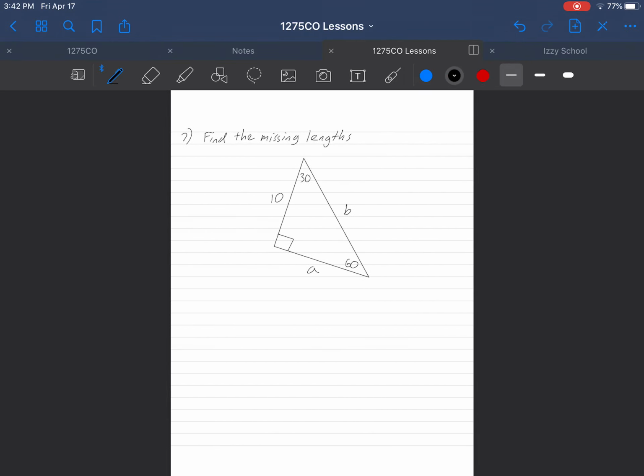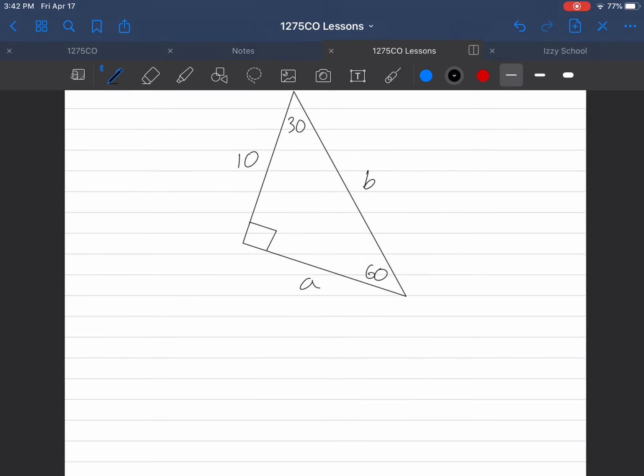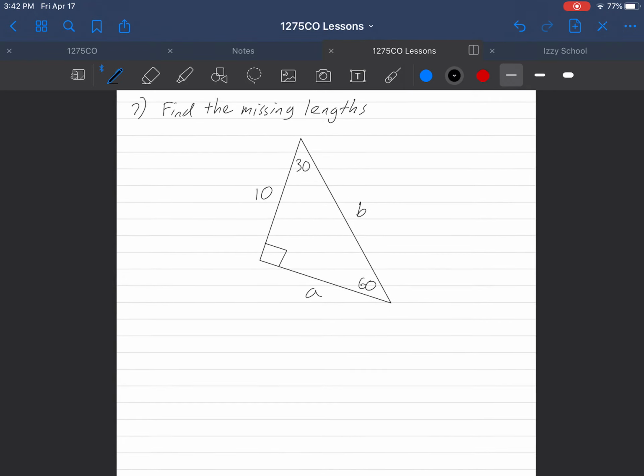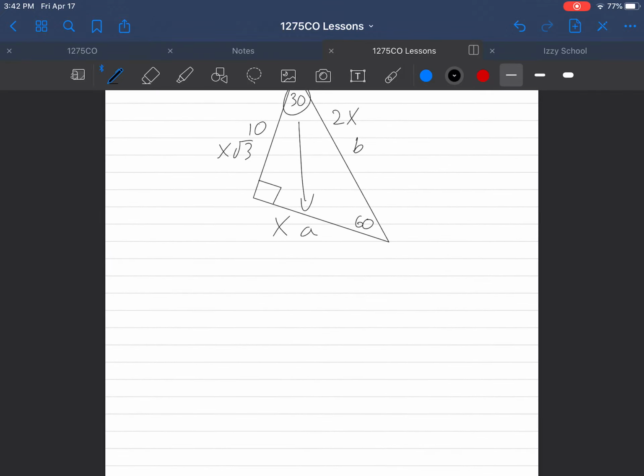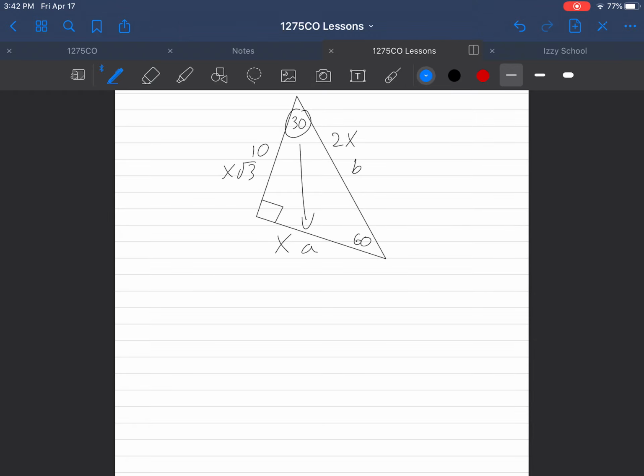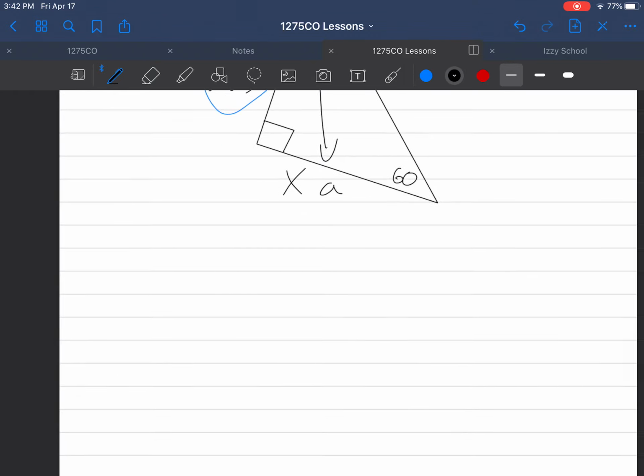I think one more to do, which will be to solve for this, where, again, opposite 30 degrees is what we want to look for. That's going to be x, hypotenuse is 2x, and x radical 3 for the middle side, which shows us our basis of comparison.